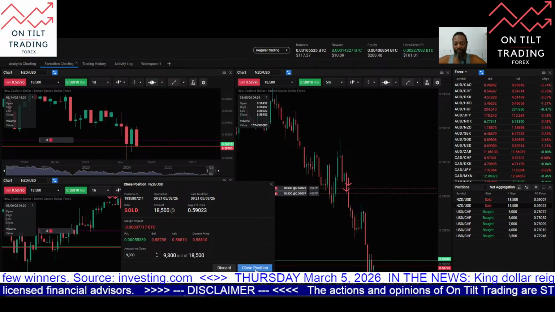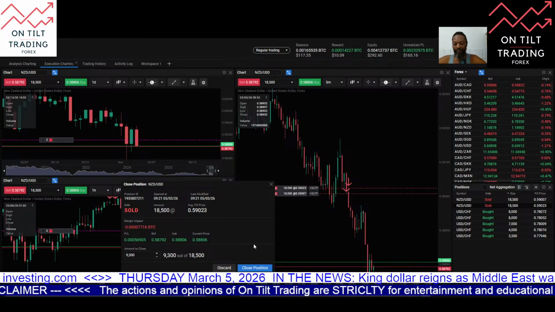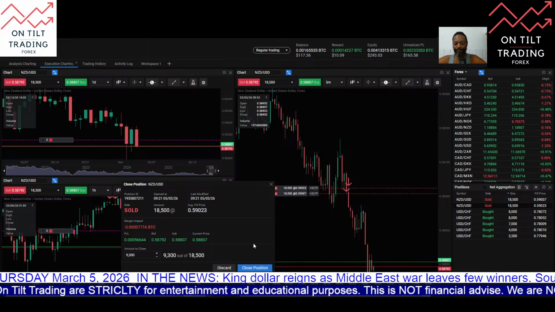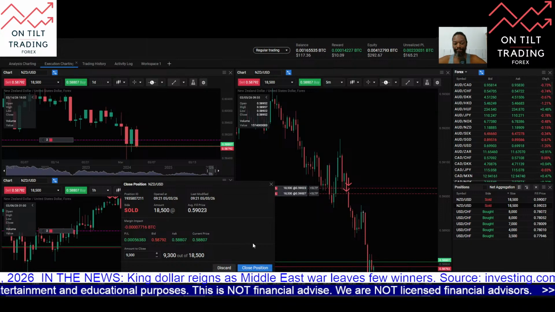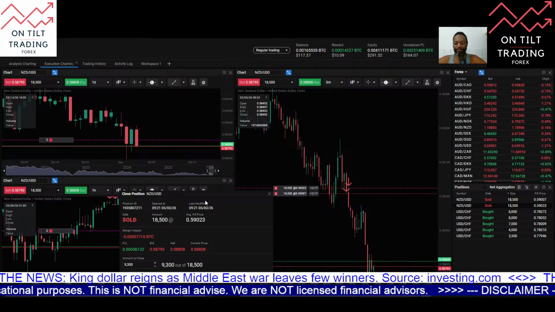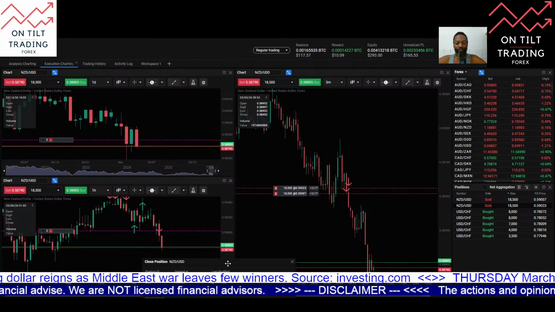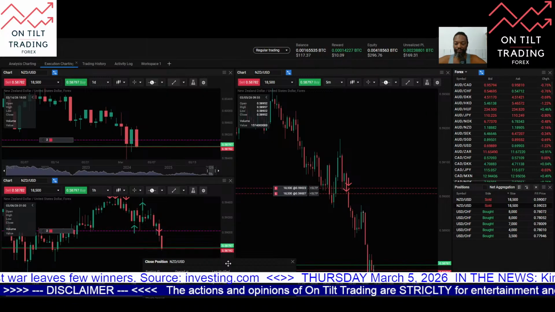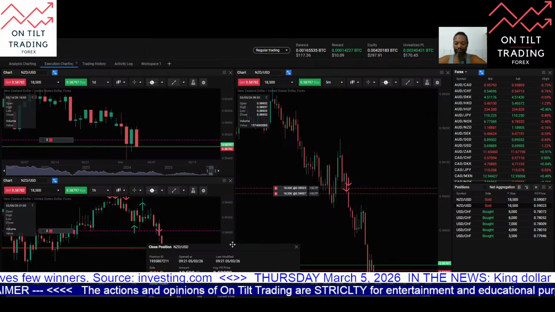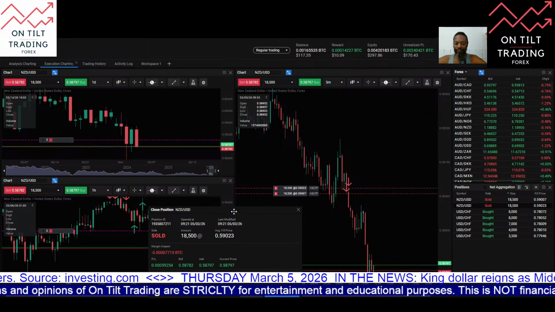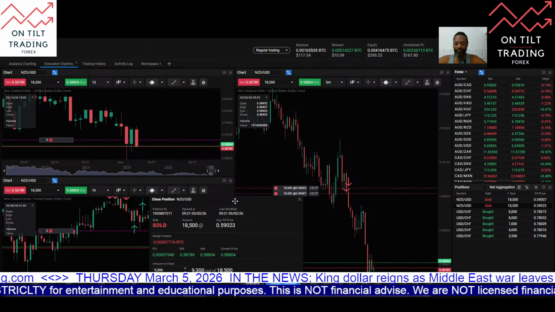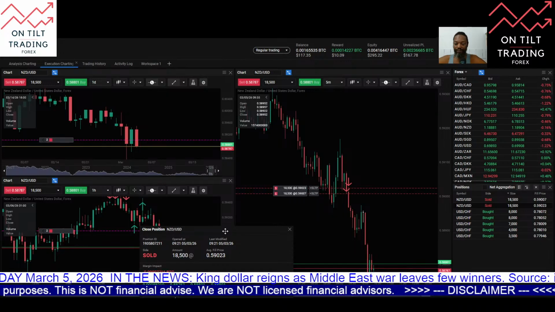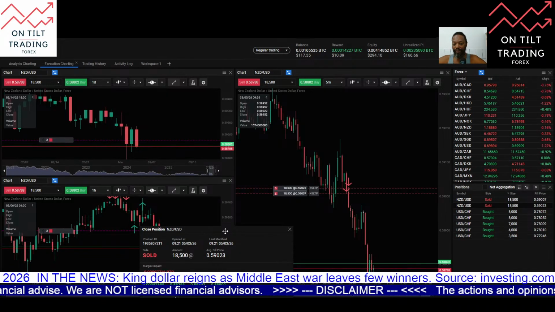Price has already put in a new 5-minute low at the open of this 5-minute candle, so we'll see if price wants to return to the sell side here. Still consolidating here at the 58,800 level.